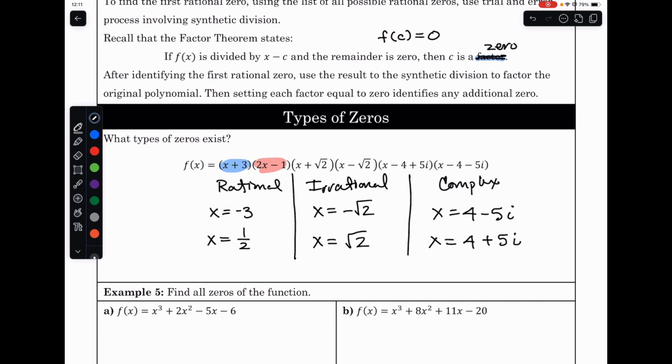And as you notice, they also come in opposite pairs. The imaginary part is a negative 5i and a positive 5i. So again, we have our whole number, our real part in this case, and then our zeros come in conjugate pairs where one is going to be minus and the other is going to be positive.